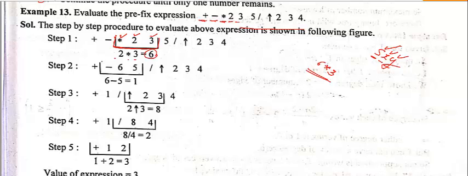So in place of these three terms, you will put only 6. Okay. So plus minus, then put 6 here, then 5 and the rest of the things. So again you will move from left to right, plus again operator. Now you have operands. So minus, this will be 6 minus 5. So you will solve it, you will put 1 in place of this.